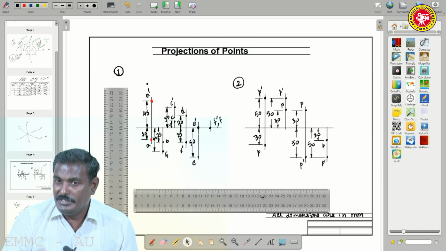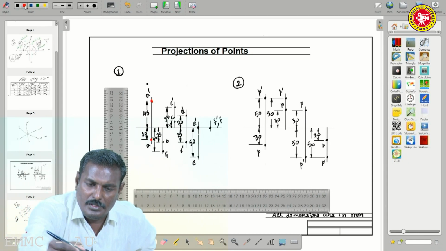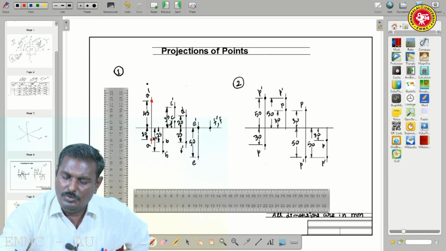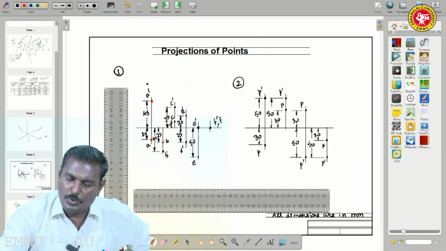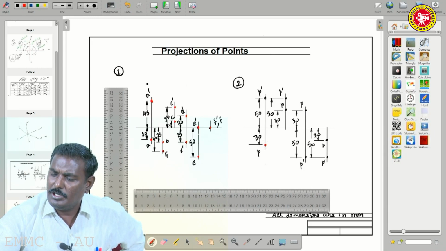I already stated, the point must be in which color? Red color. After finishing, you have to put the points dark. That is final after completion, because otherwise it does not look like a point, it looks like a straight line.